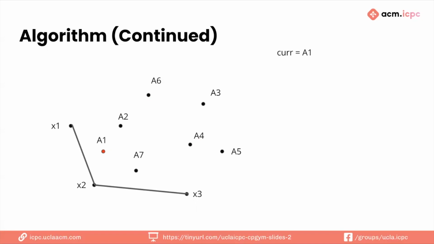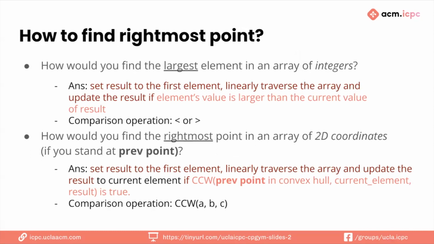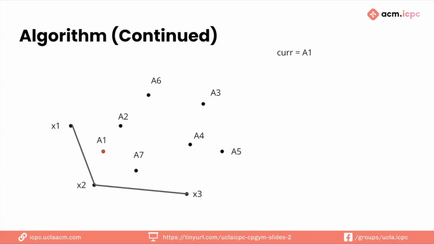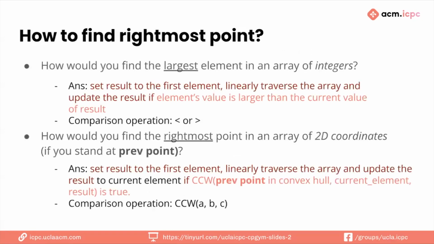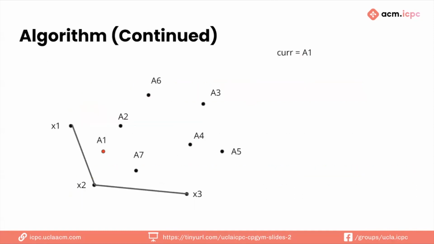So the first step we do is we find the result of whether x3, A2, A1 are ordered in a counterclockwise direction. The result is A1 so far, right? This is the third input. The previous point is x3, the point we're standing at, and then the current element is the next element in the array, whatever ordering it might have.